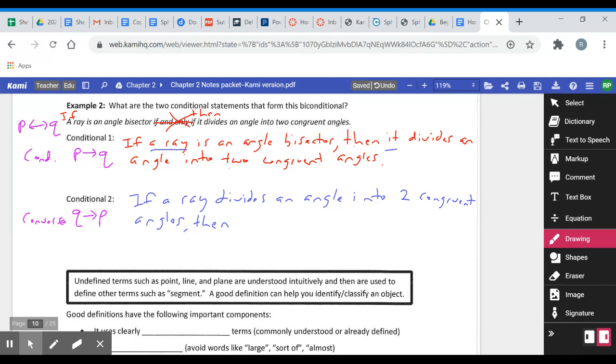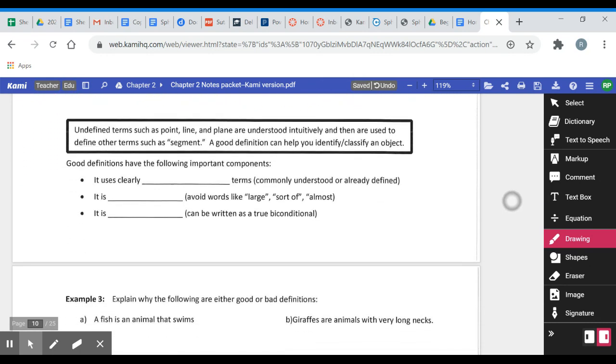So now I can use the word it because I've already put a ray towards the beginning. You know what I'm referring to now. Then it is an angle bisector. Okay, so now we can go ahead and move that up.